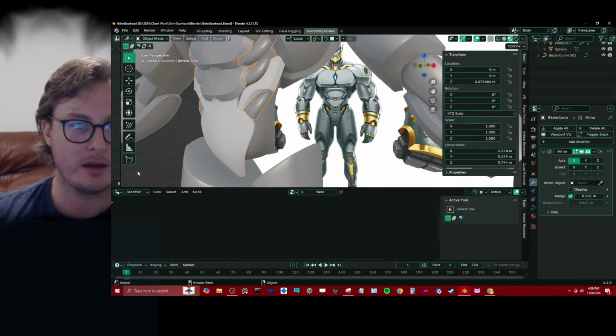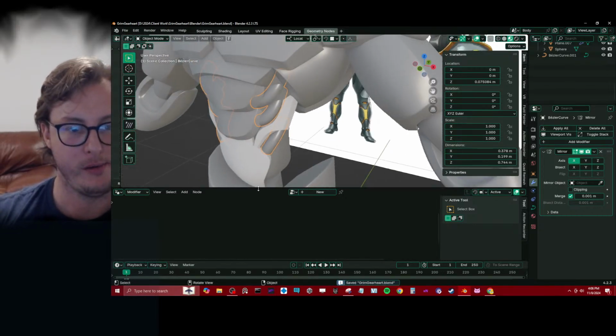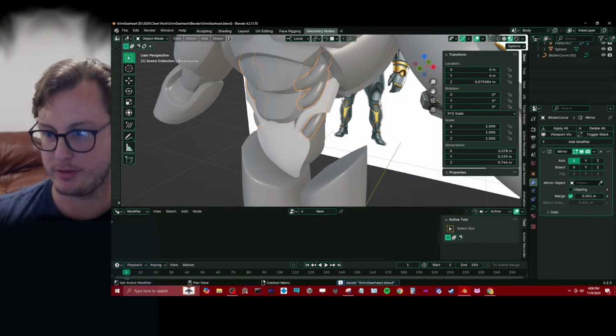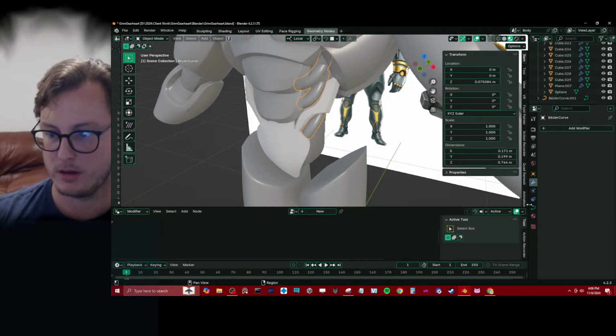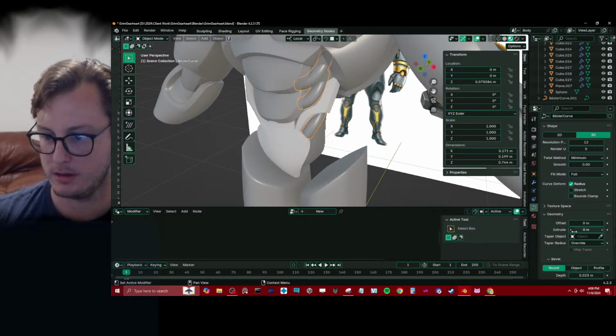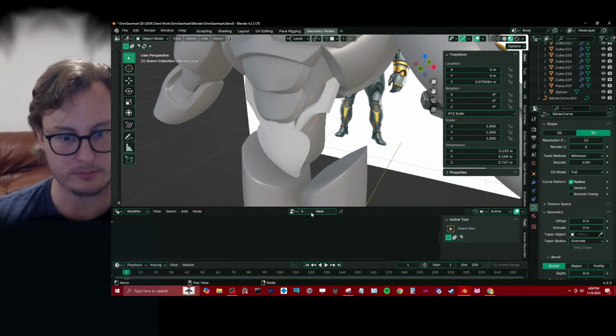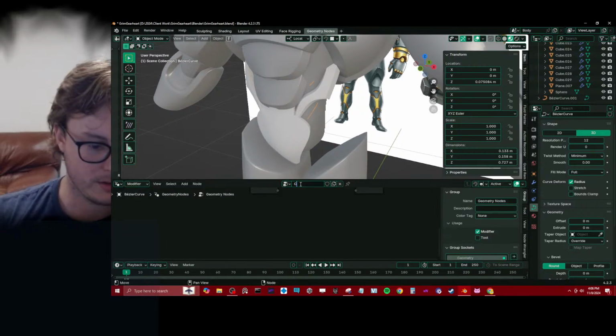Yeah, easy enough to do. So we'll get rid of the mirror. Get rid of the geo. New. All these cables.